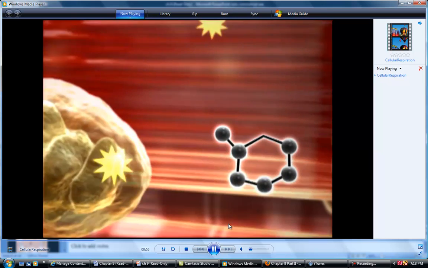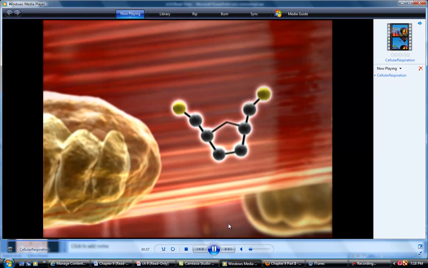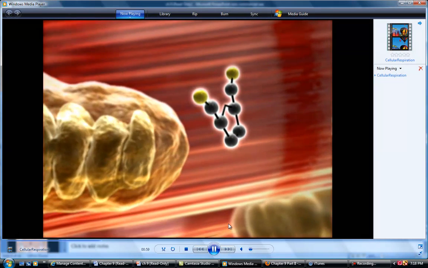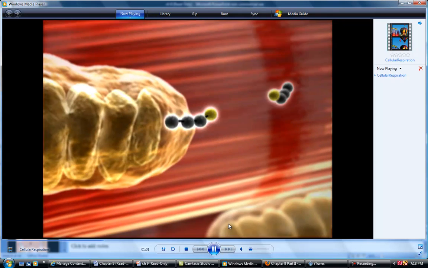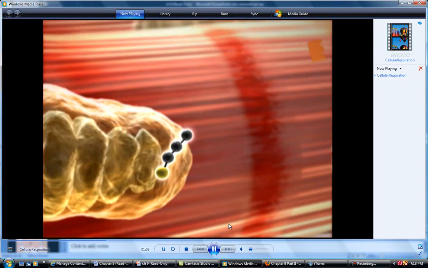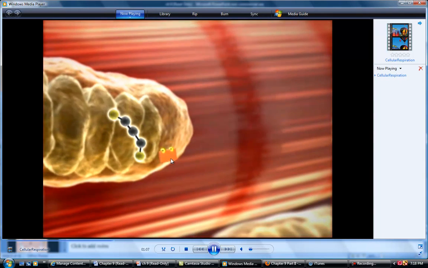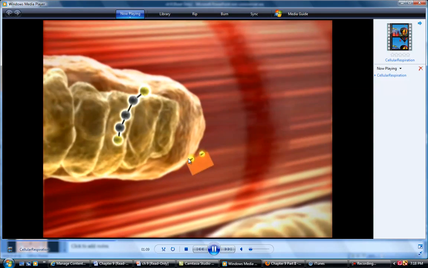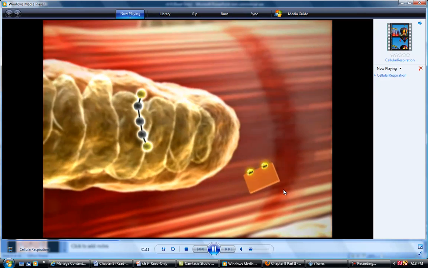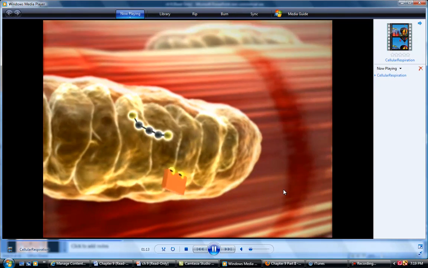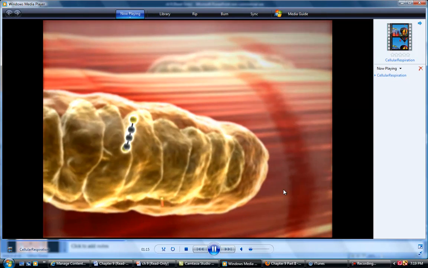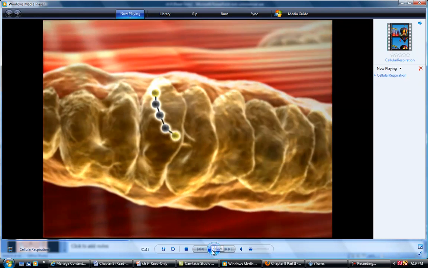You'll notice that 2 ATPs are coming in, and eventually that's going to split into those 2 separate molecules. Eventually, there's our NAD plus picking up the 2 electrons and becoming NADH, and it's going to carry those electrons over to another part. And eventually, we're going to make 2 ATPs in this process.